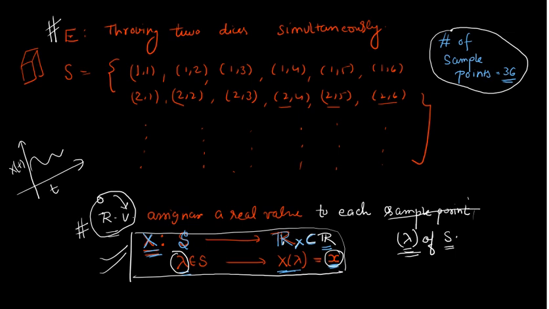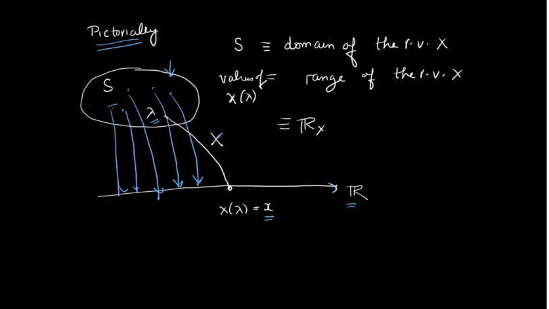It can be to the complex plane also, but we will focus on the real axis only. So if lambda is one sample point of that sample space, we map it to X(lambda), and it can take a value x. Let's try to understand it more clearly with this picture.